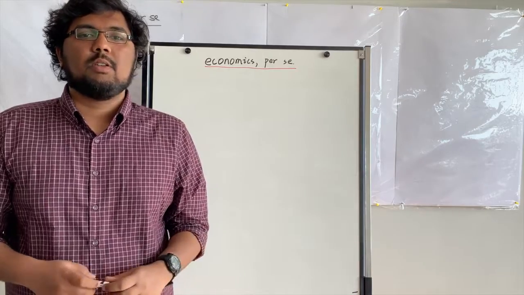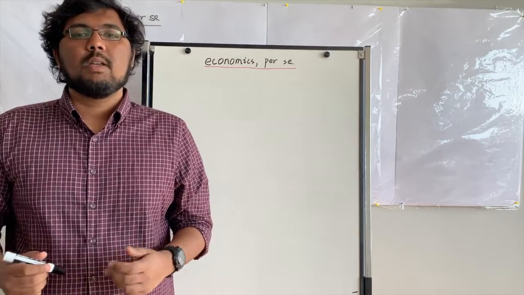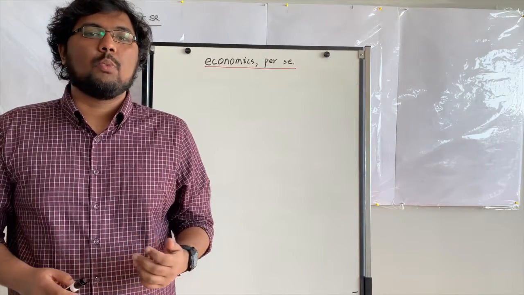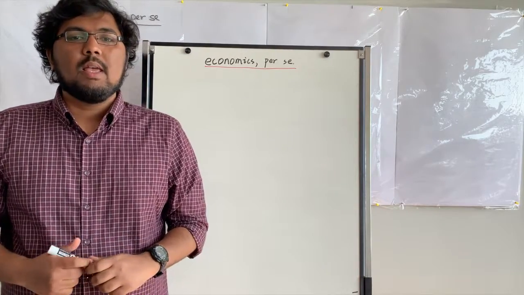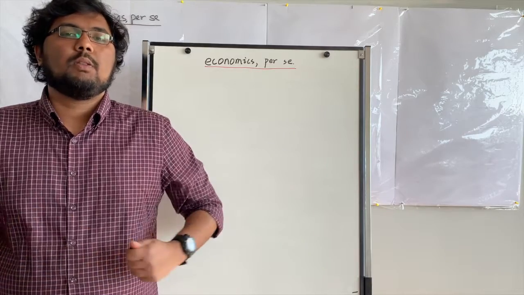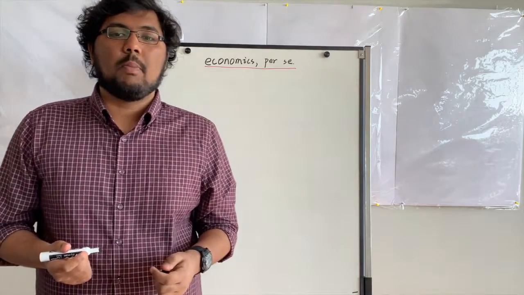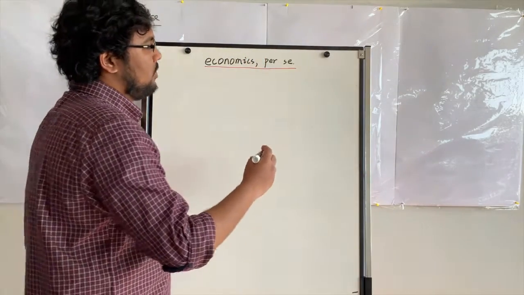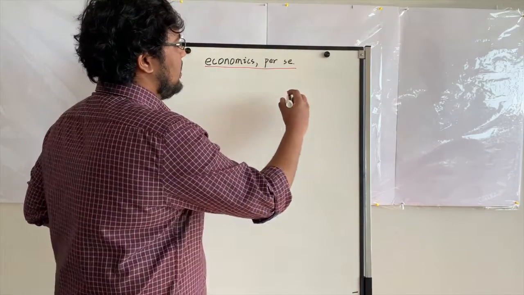As I have just mentioned, a demand schedule is simply a table that shows how much of a good or a service consumers will want to buy at different prices. Let's say there is a hypothetical demand schedule for apples, and that schedule would look something like this.